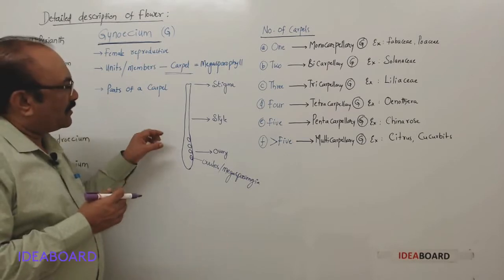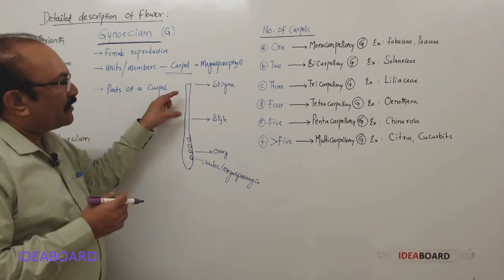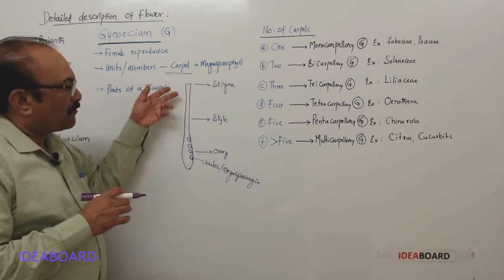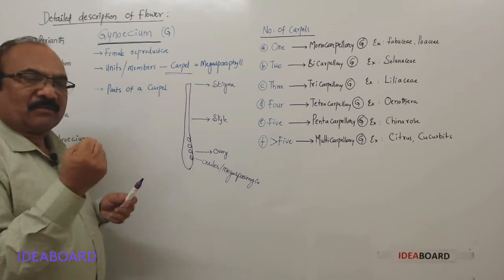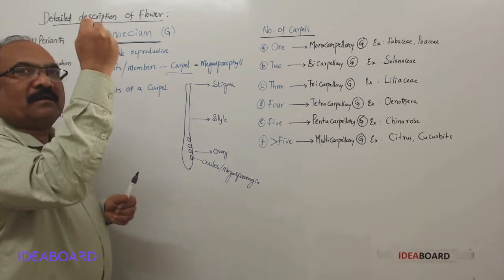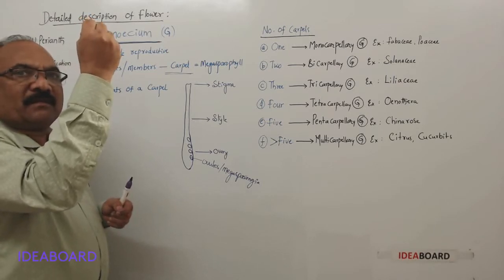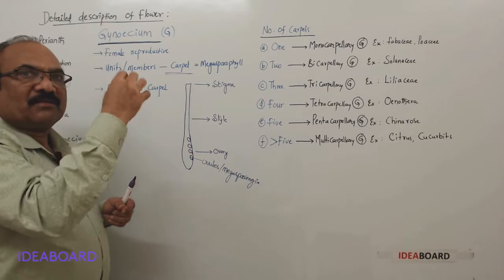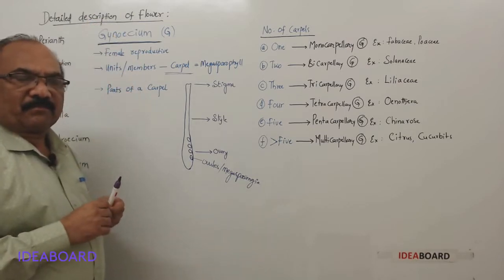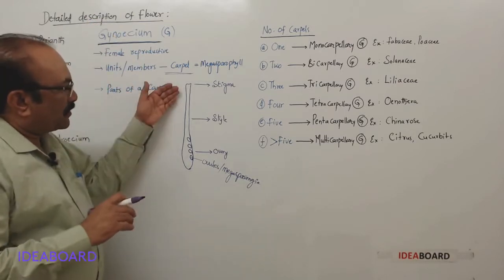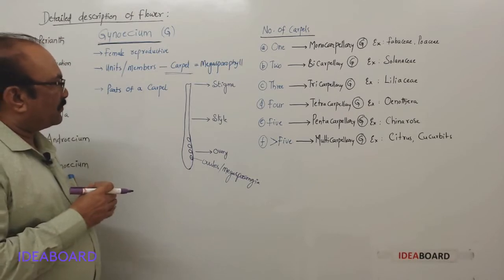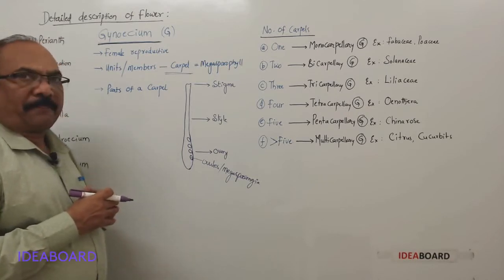The style connects the stigma and ovary, and also lifts the stigma, so that the pollen grains can reach the stigma very easily. So these are the three parts of the carpel.